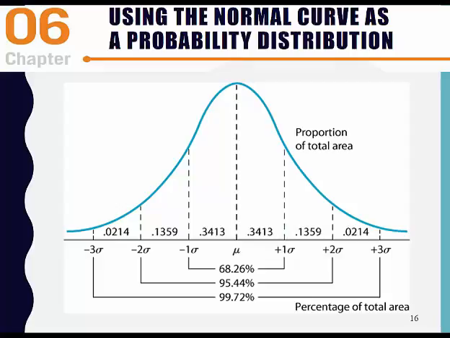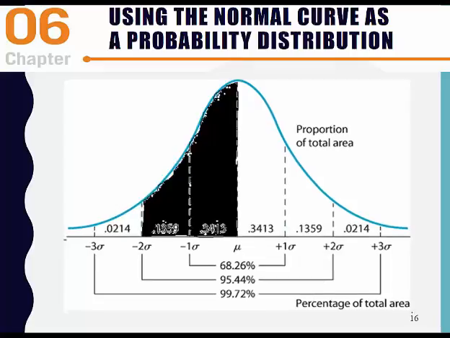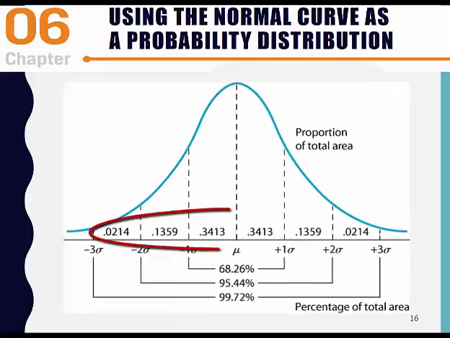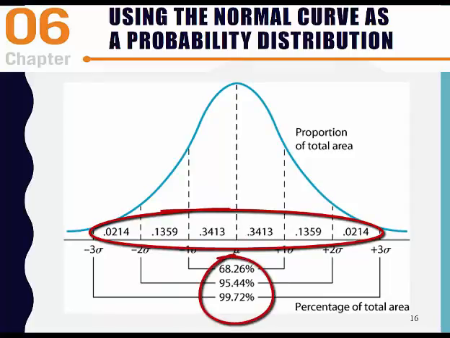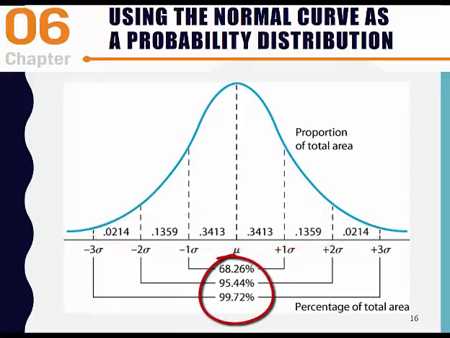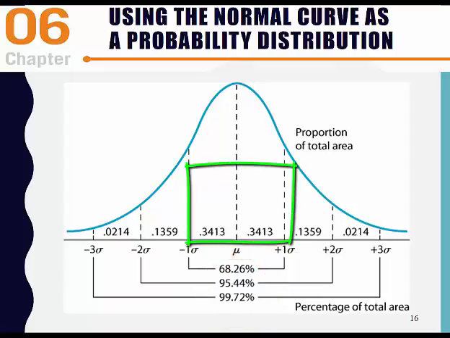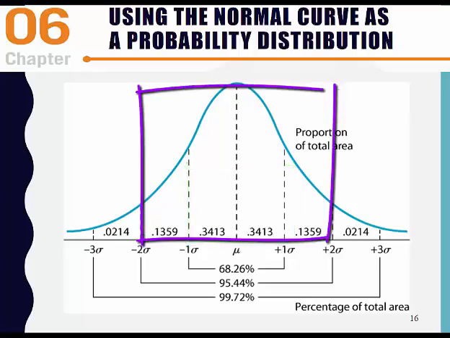Two standard deviations below the mean is going to cover this entire area. So here you can see we have it in proportion in the middle, and then down here is the percentage of the total area. And you know that's just the proportion times 100. So this is going to be the proportion of 0.6826, proportion of 0.9544.